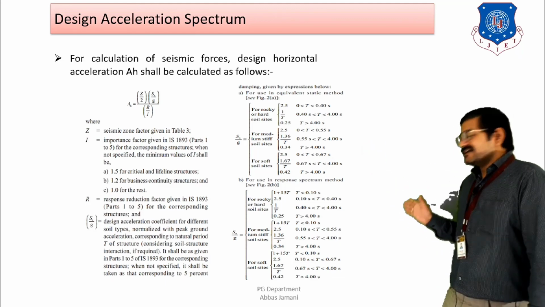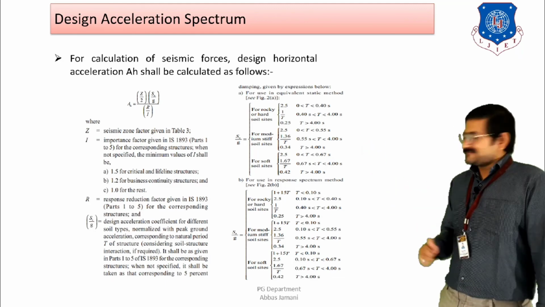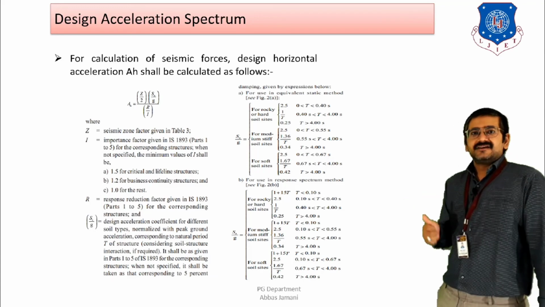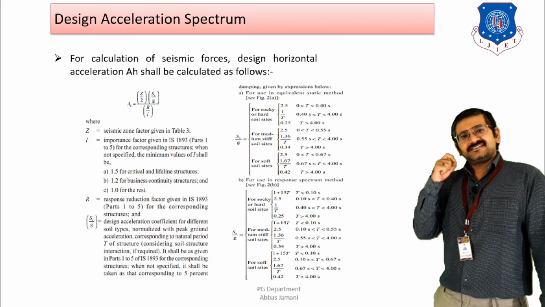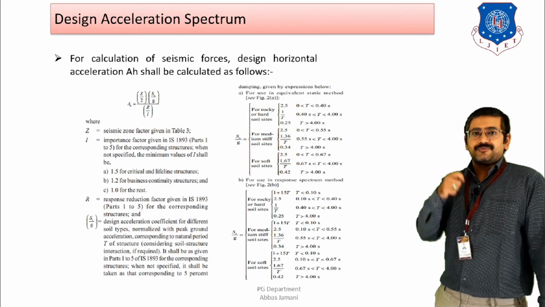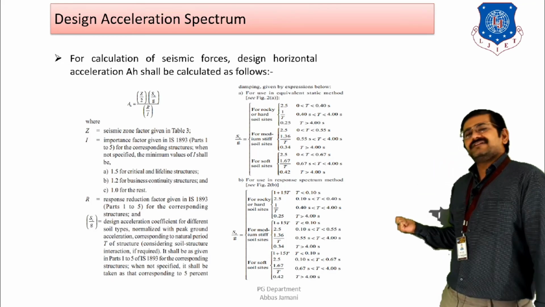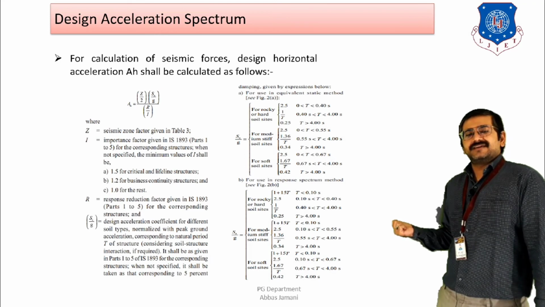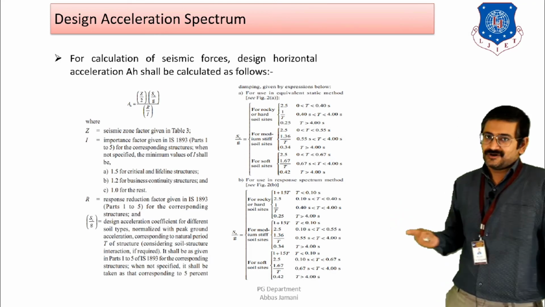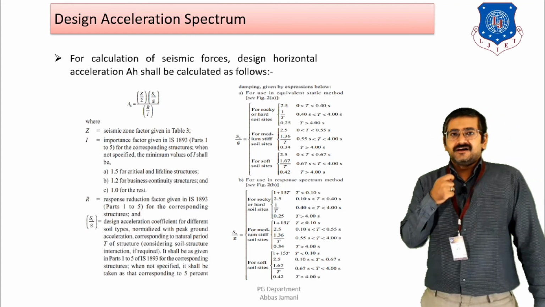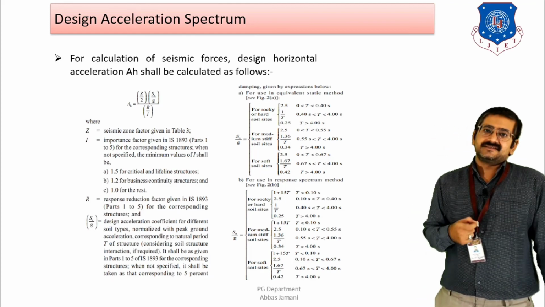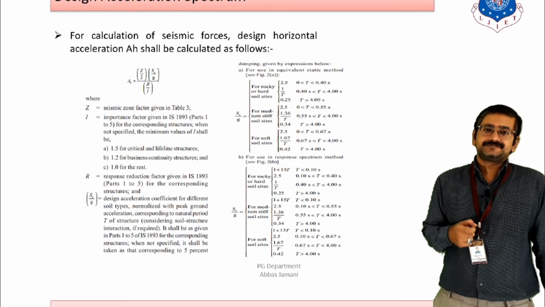And similarly, in case of dynamic analysis also it is given, but you can see that the difference is going to be in the range of time period. In case of the static analysis, the range is starting from 0.4, whereas in case of dynamic analysis, the time period is starting from 0.10 only, right? So that is another difference between the considerations for static analysis and dynamic analysis.